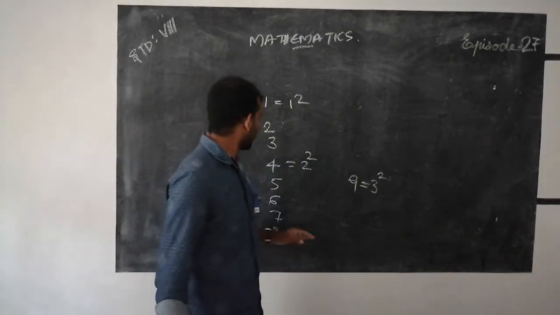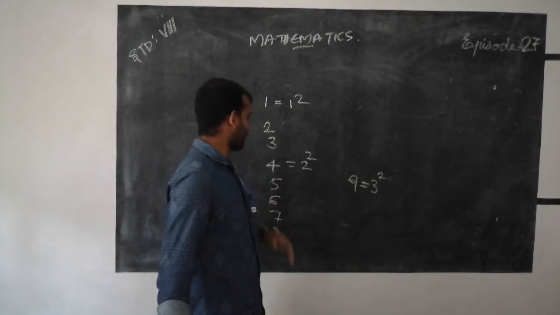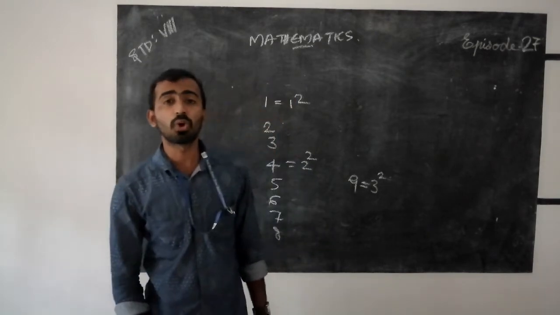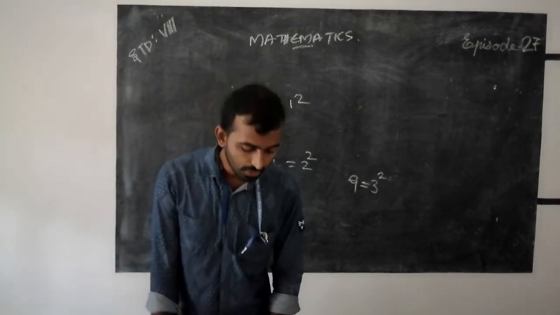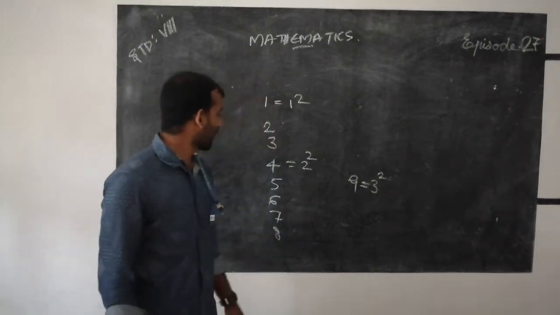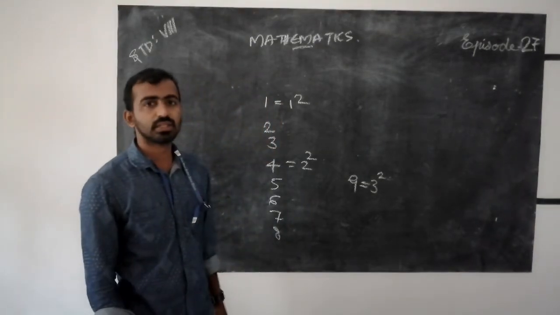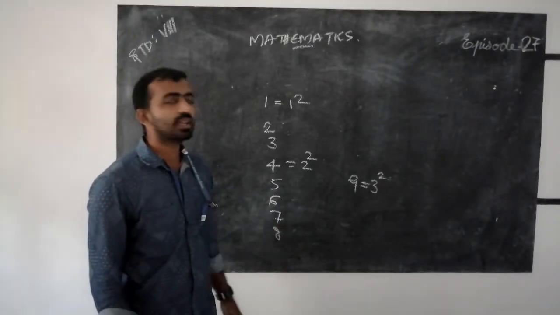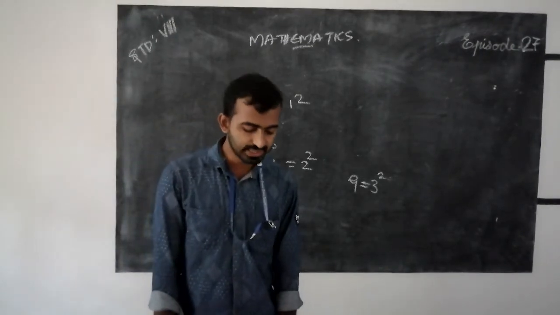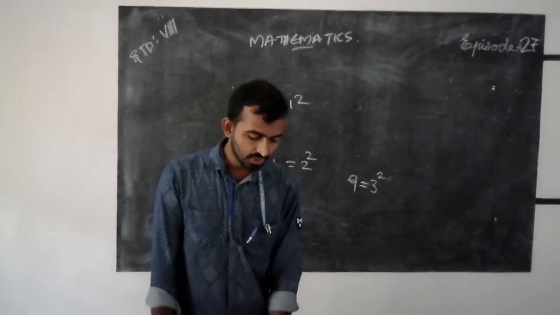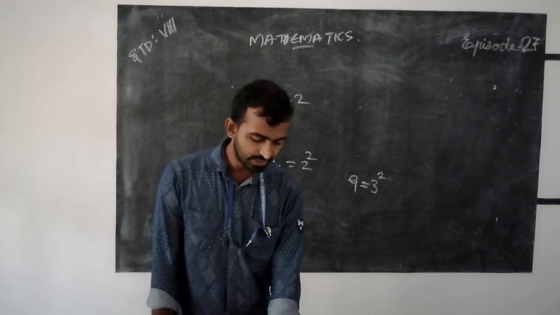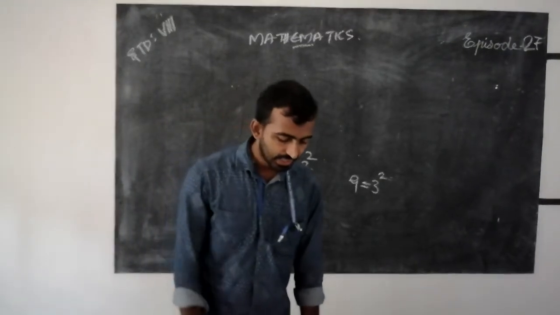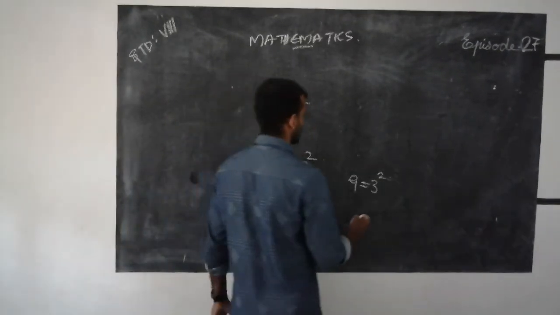The meaning is, here is 1, 2, 3, 4 non-square numbers between 4 and 9. Is it? 4 means 2 square and 9 means 3 square. Yes. 4 non-square numbers between the 2 square numbers 4 and 9.